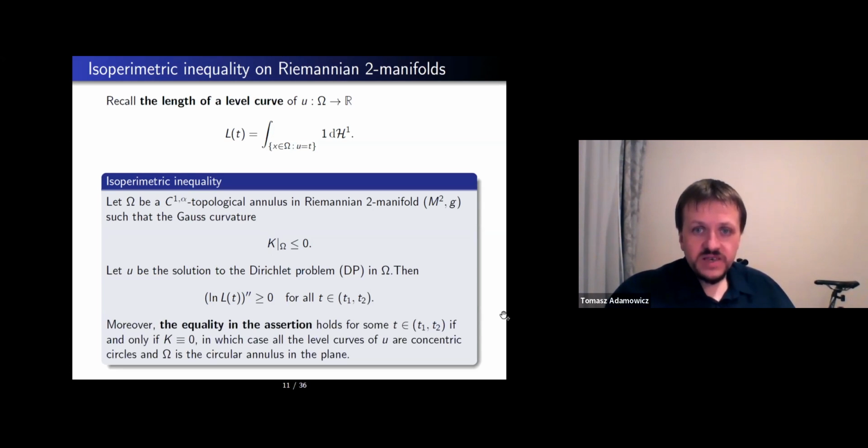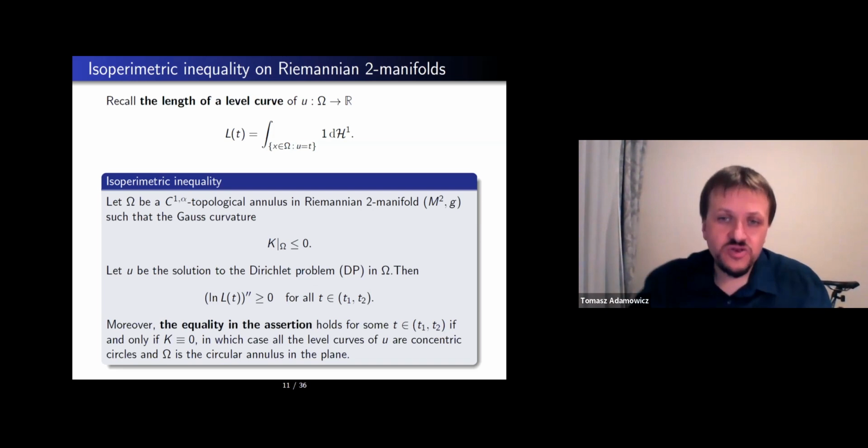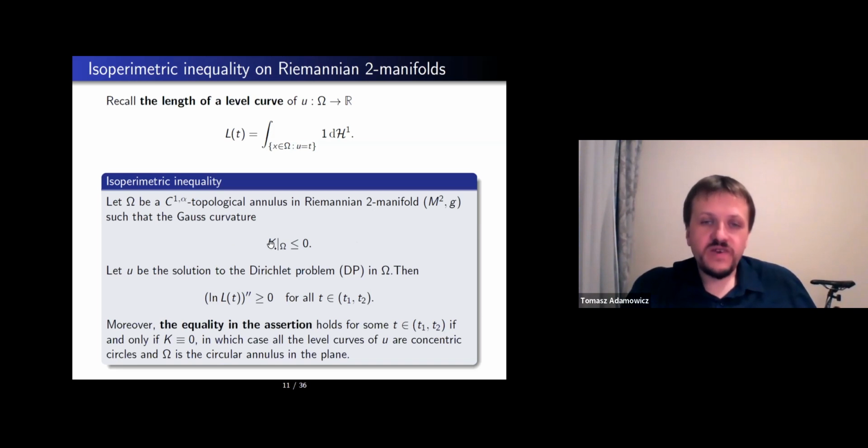And equality in the assertion holds if and only if the curvature is identically 0, in which case all the level curves of u are concentric circles in omega, and omega is a proper circular annulus in the plane. So the statement of this inequality is very similar to the harmonic version of Longinetti's result, with the difference that the curvature appears.